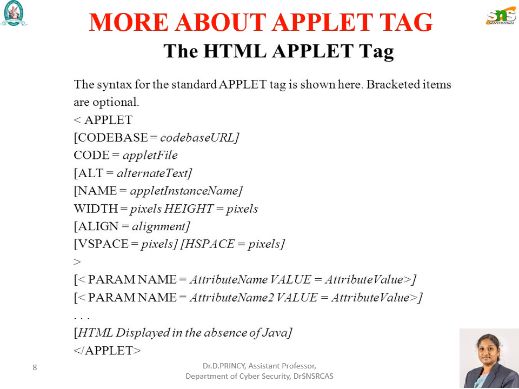Next is the param tag. The param tag takes two attributes: name and value. Name contains the attribute name, and value contains the attribute value. So these are the additional attributes which are included in the applet tag.